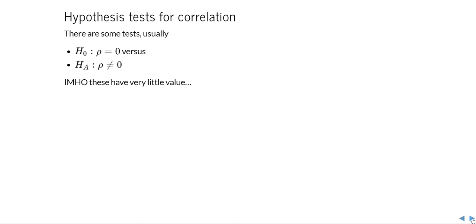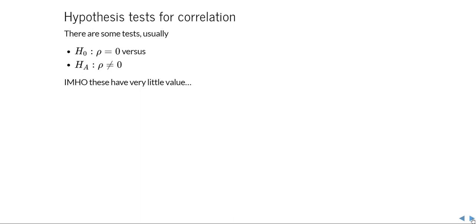The statement we make for the null hypothesis is that rho, the Greek letter rho, which is used to denote correlation in the population, the true value of correlation that we're trying to estimate from our sample, equals 0. The population correlation is 0. And the alternative hypothesis, H subscript A or H subscript 1, is that rho is not equal to 0.